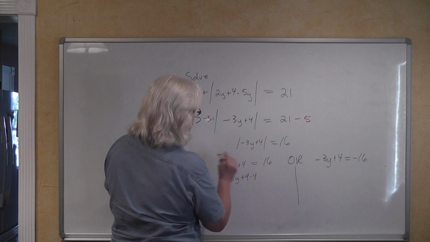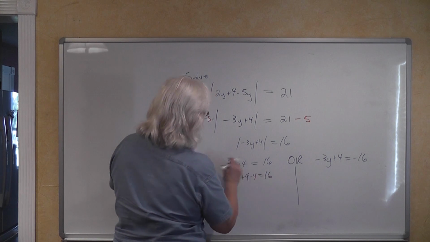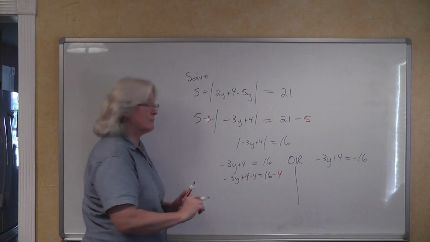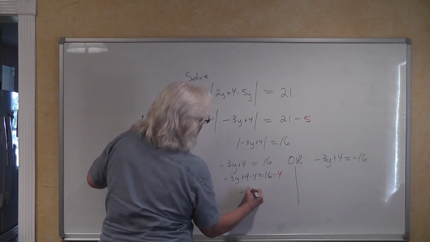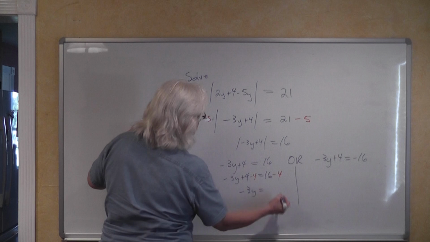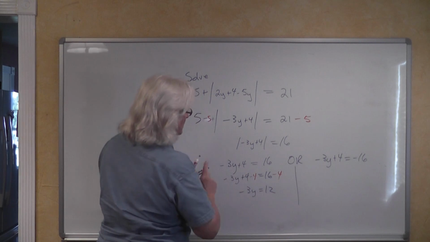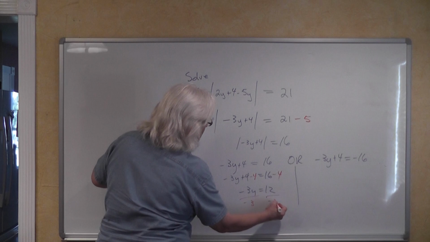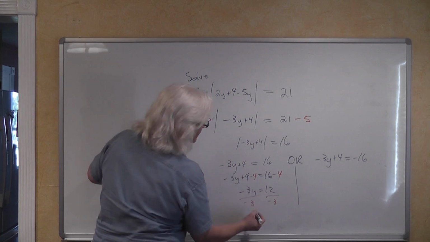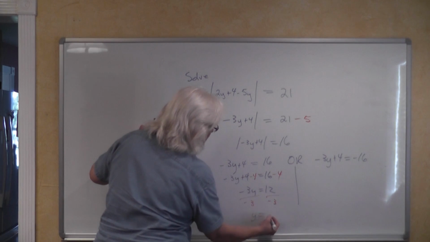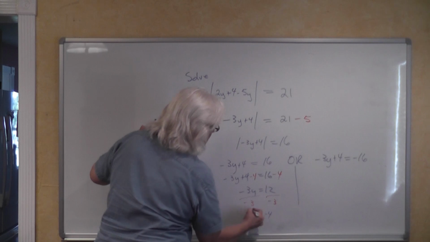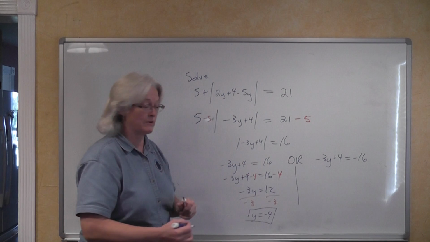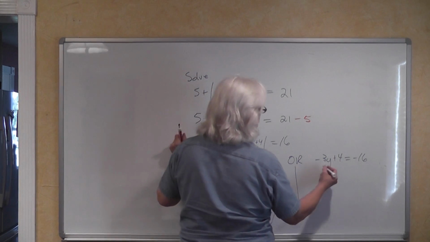Negative 3y is equal to 16 minus 4, so our equation remains in balance. Negative 3y is equal to 12. We divide both sides by negative 3, and first, we have that y is equal to negative 4.